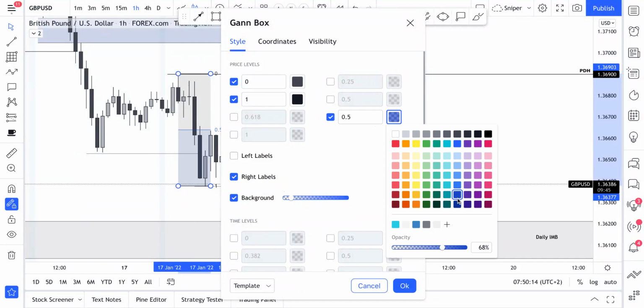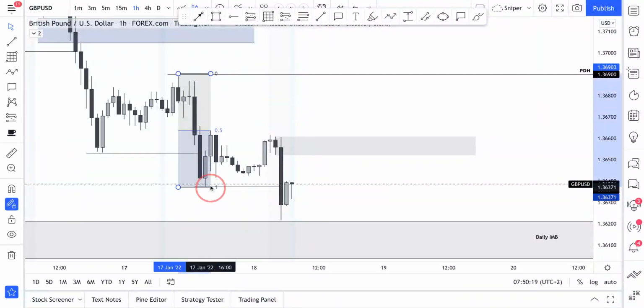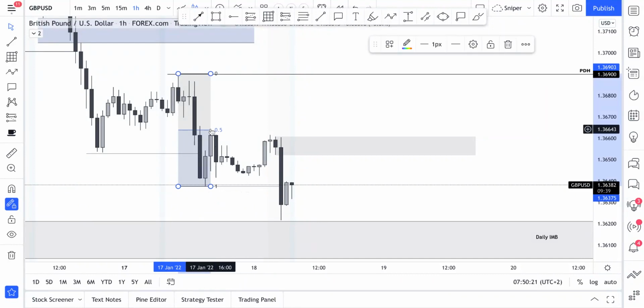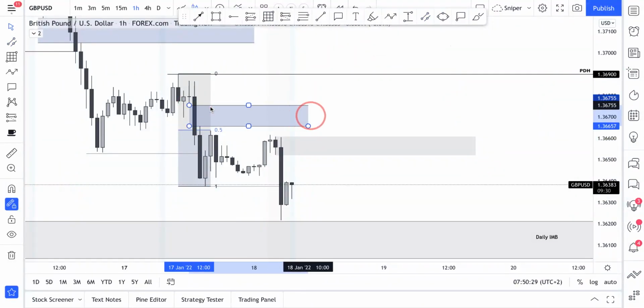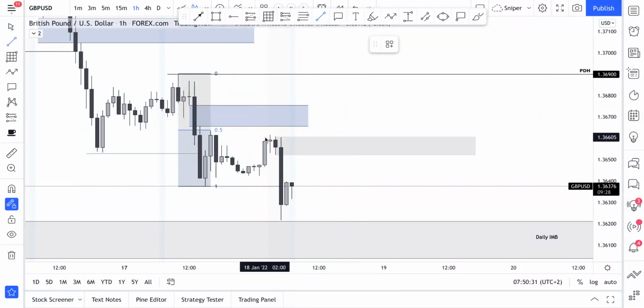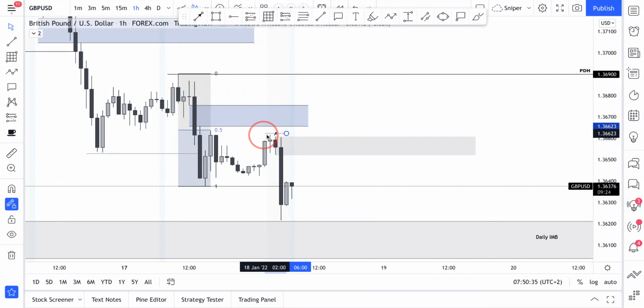I prefer the blue, this is better. You can see this move towards the downside didn't even tap the 50%, so we still have the imbalance in here that's untapped. You can just drag this out of it, and then we have this as liquidity above it, like this.